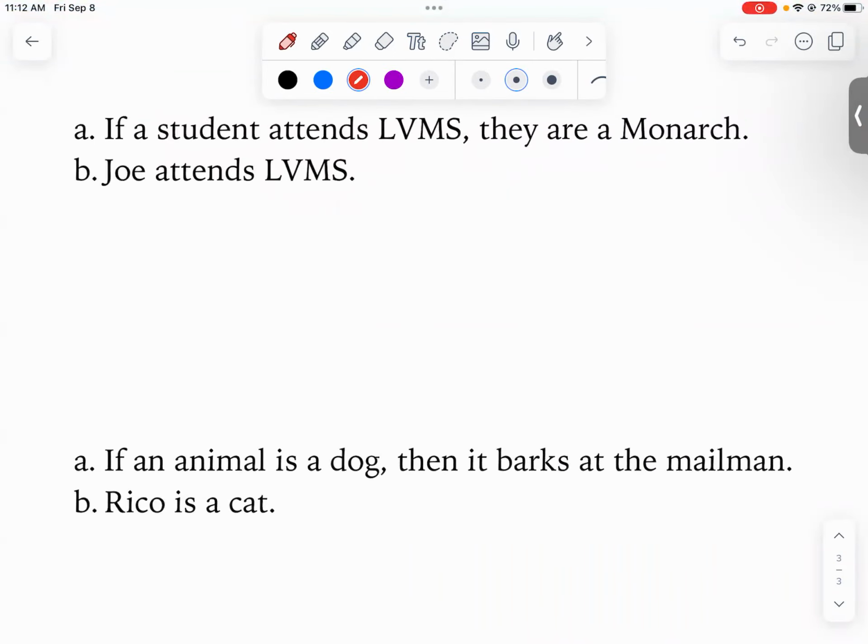I want you to use the law of detachment. So the first one we talked about, the law of detachment. I'm going to give you 1 minute to come up with a conclusion based on the law of detachment, and then we'll talk about it together. Just these two right here, using the law of detachment. Yep, write the conclusion.